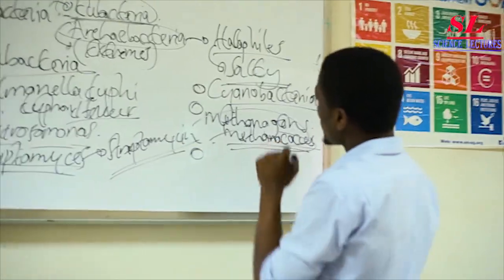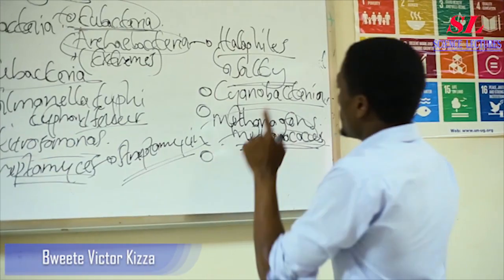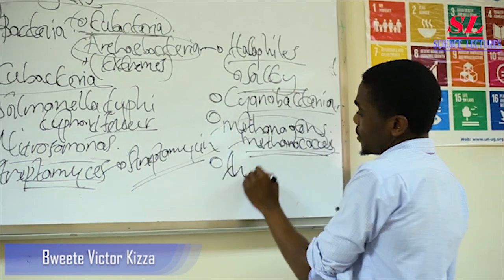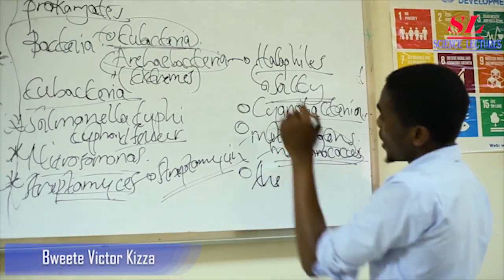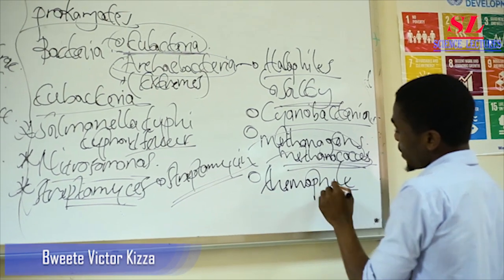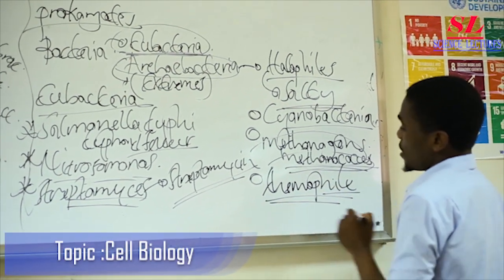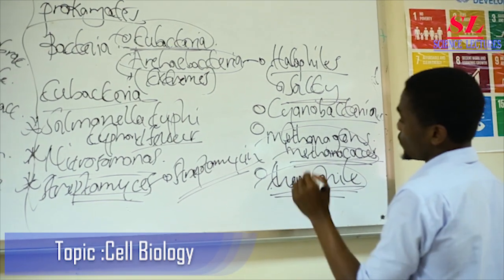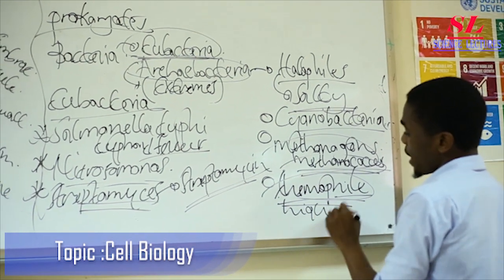Then another important archaebacteria is a thermophile. And this thermophile lives under extremes of temperatures. So it lives in very high temperatures.